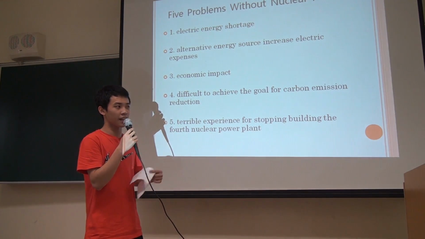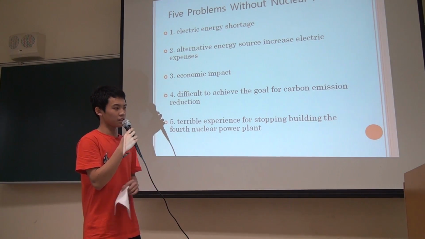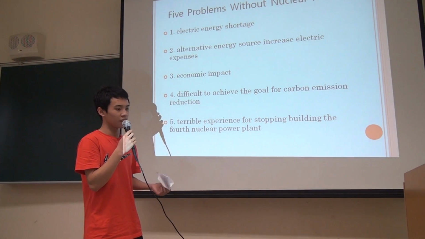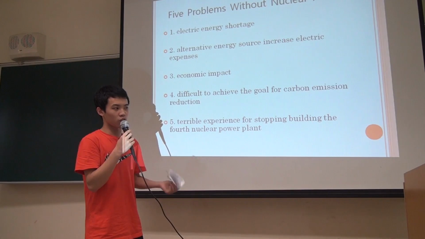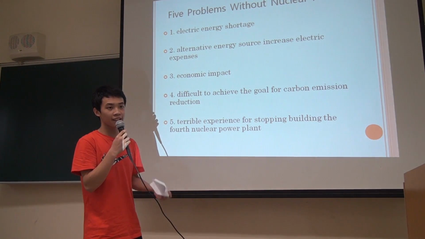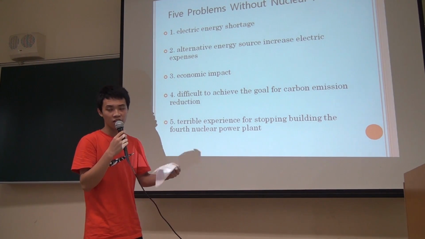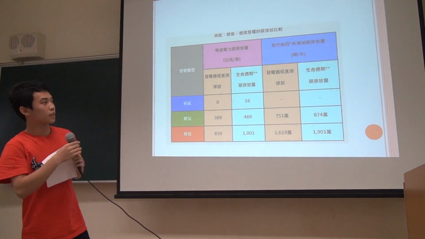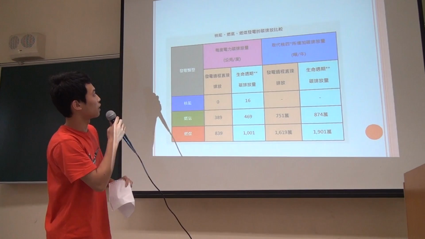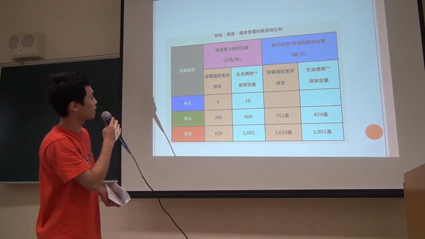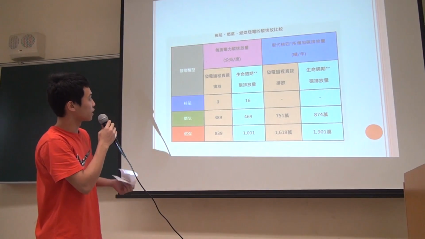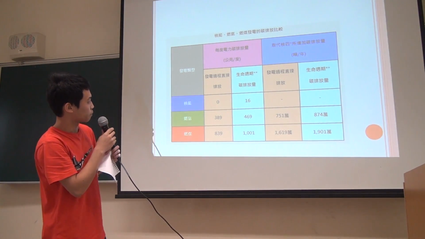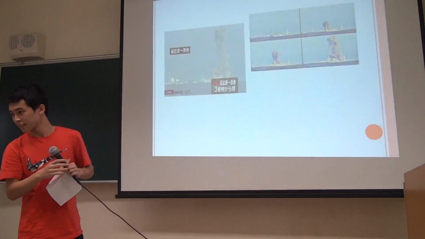But at that time, it caused many problems with the economy, daily essentials, and other things. Okay, next page. This is a chart about the nuclear energy, the gas energy and fuel energy.